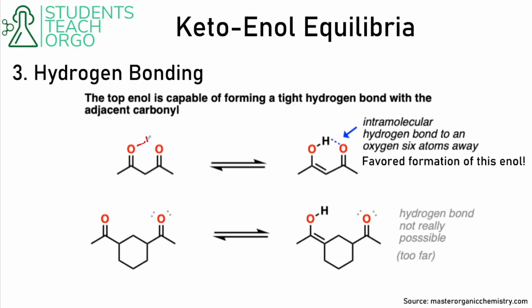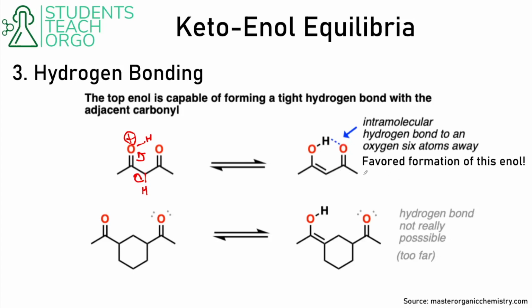You can imagine if we were in acid and this carbonyl was protonated and we had some sort of base, water or something, pluck this proton and turn this into an enol, we would get an enol that looks just like this. And because of that spacing between the two ketones, we would form this intramolecular hydrogen bond, which would greatly stabilize that enol form.